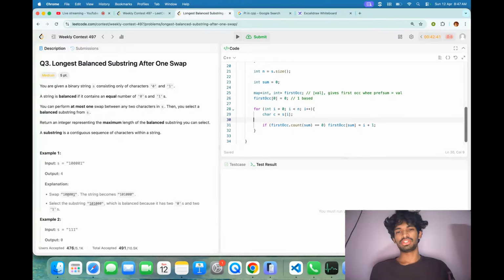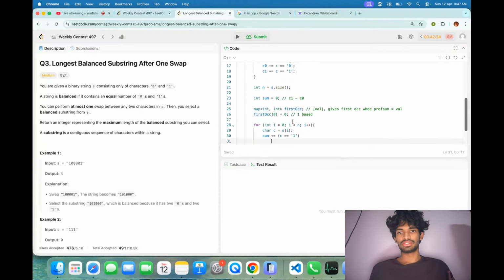Okay, we are using one-based index. The sum equals c1 minus c0. So far, how many ones have occurred, minus c0. When it is 1, we do plus 1.